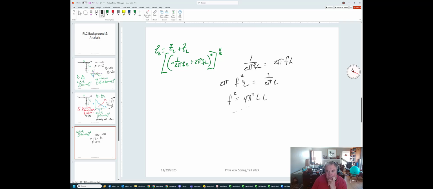So f, which we'll call the resonance frequency, is equal to 1 over 2 pi square root of LC.